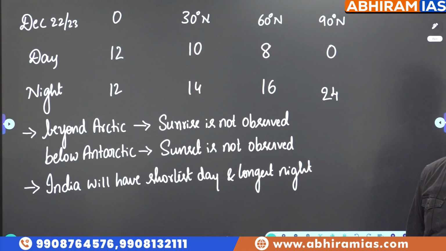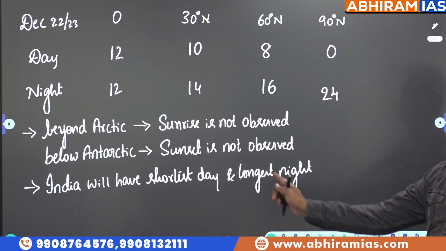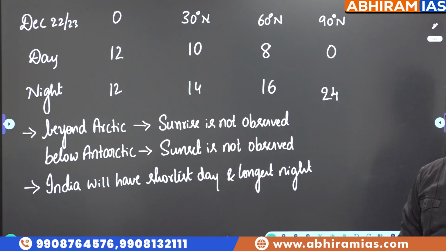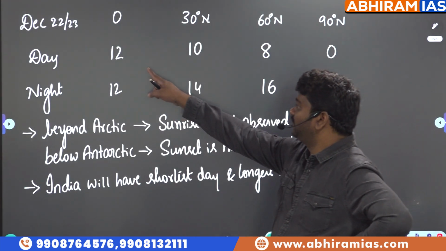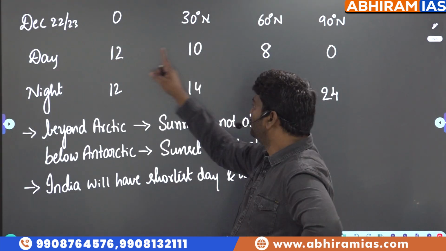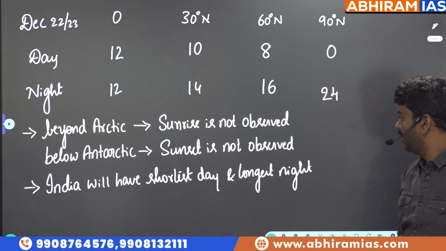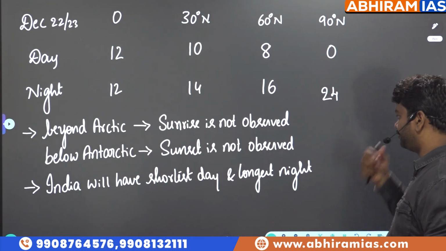Place closer to equator will have longest day. Correct? As we move away, what is going to happen? Day length keeps on decreasing. In India, Thiruvananthapuram is closer to equator, so their day length will be more. As you move away from equator, it reduces. Okay? Next.